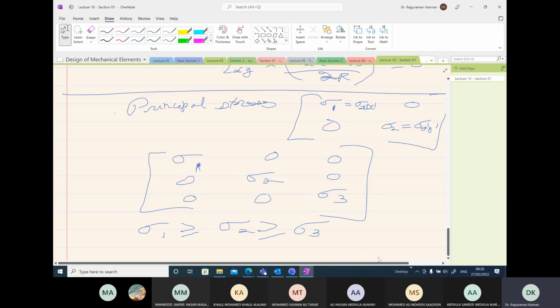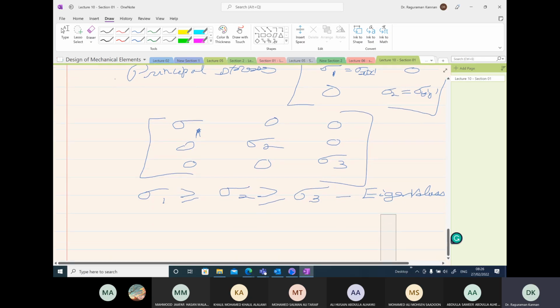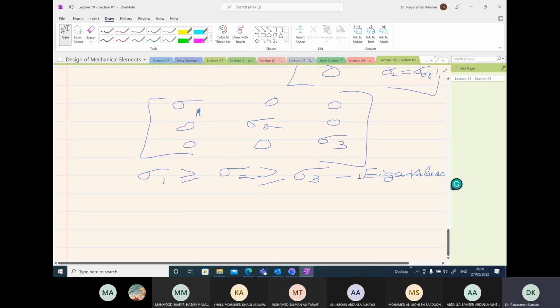How do we find principal stresses in 3D? In 3D, we have to find what are called eigenvalues. Your principal stresses are nothing but eigenvalues. It's not easy to solve a cubic equation and get eigenvalues directly.